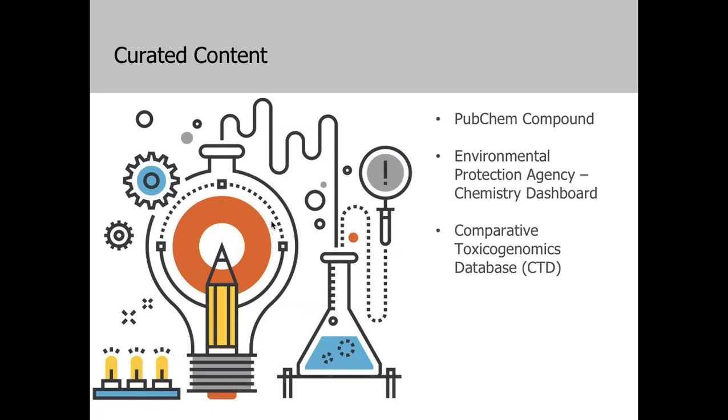And then the last one is the CTD, a database that addresses environmental exposures and human health. It's curated information, so like the other databases, they rely on information from other parties.